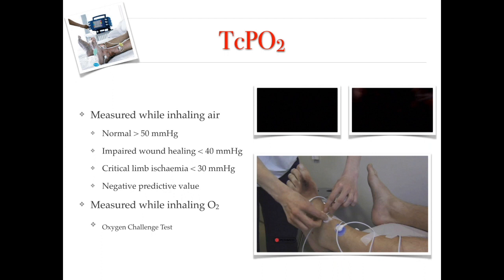If a patient is subjected to an oxygen challenge test, the TCPO2 level is measured while the patient is inhaling oxygen. One would expect that this value would increase if the patient had a patent vascular system.